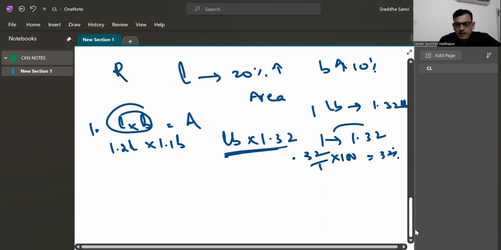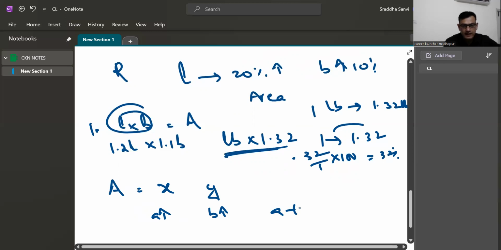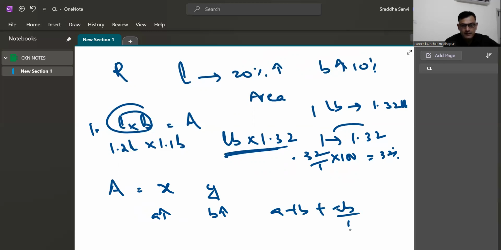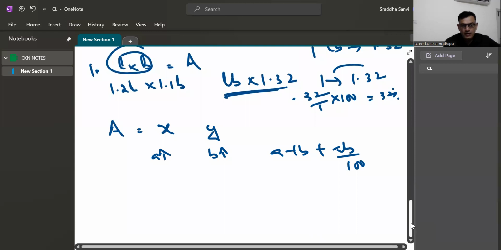Instead of going for this kind of multiplication, if you know area depends on two variables, x and y, where x increases by A% and y increases by B%, the net effect will be A plus B plus AB by 100. If one increases by A% and the other decreases by B%, it is A minus B minus AB by 100.